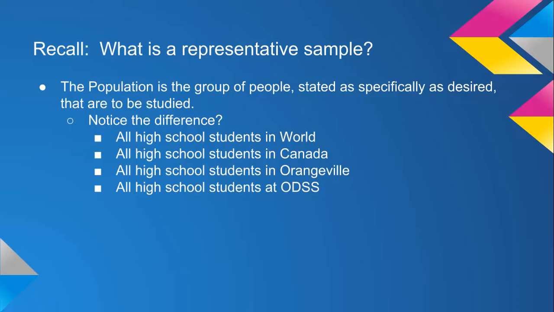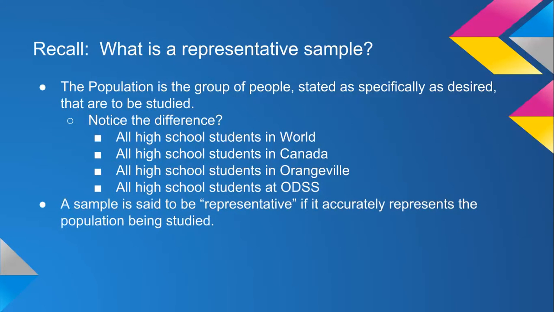You can state it more specifically, and that helps to reduce bias because you're just stating this study works for students at this school or students in this town. It's important to say it doesn't necessarily work for all students in Canada or all students in Ontario.